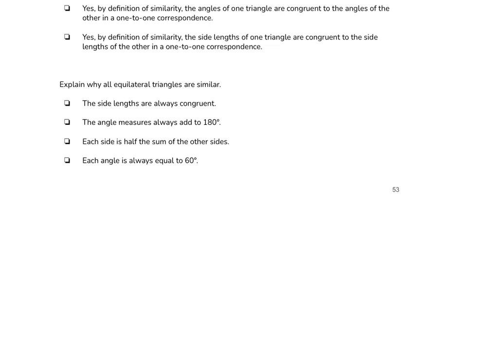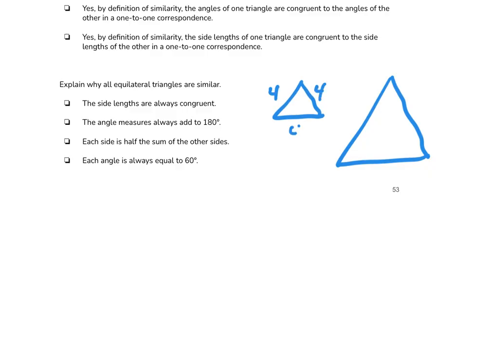If I have 2 equilateral triangles, are they similar? Let's look at an example. Sometimes just looking at an example is big. Let's say this one has sides of 4 and this one has sides of 8. First of all, are my sides proportional here? Are all the sides in the same ratio to one another?